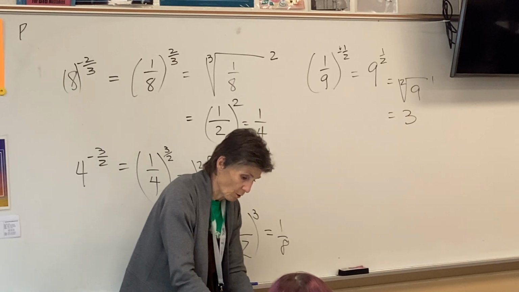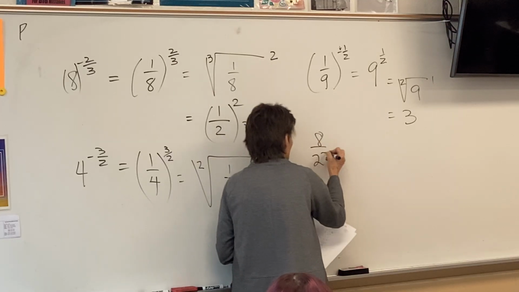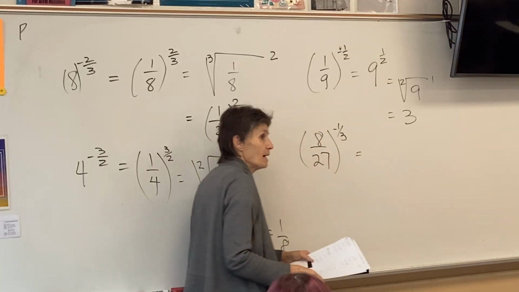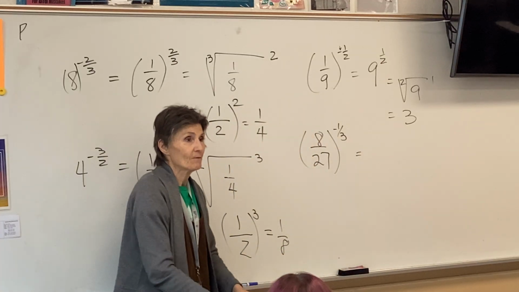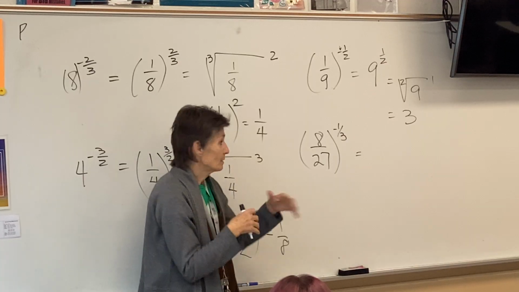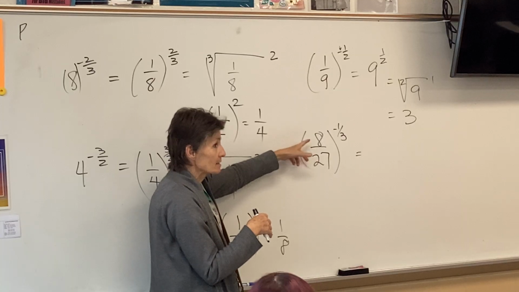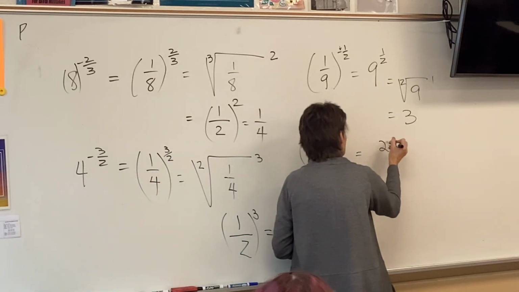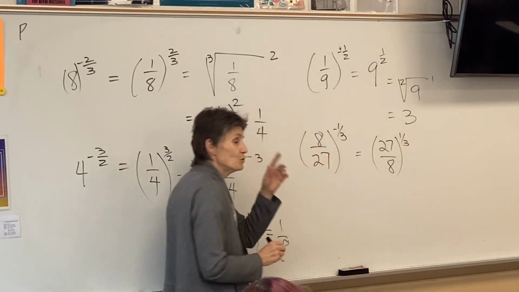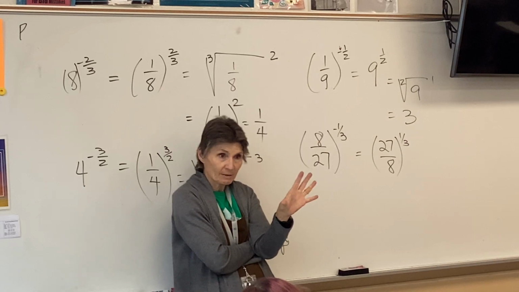Okay, we'll do a couple more, then I'm going to set you loose. 8/27 to the negative 1/3. Now remember, you're doing the negative first. What does the negative tell me to do? Flip this. So this is going to be 27/8 to the 1/3. Don't change your exponent, just make it positive.